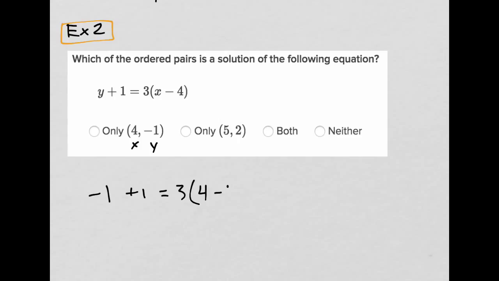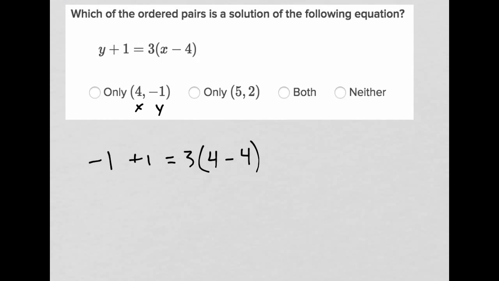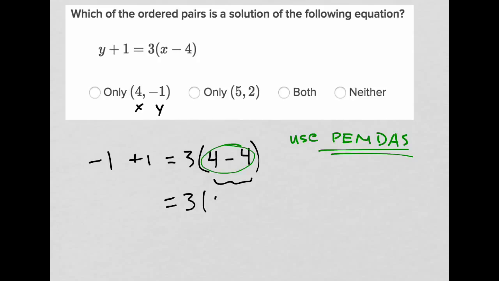We have to follow PEMDAS, so parentheses first. 4 minus 4 is 0. Negative 1 plus 1 is also 0. 3 times 0, 0 equals 0. Yes, this works.